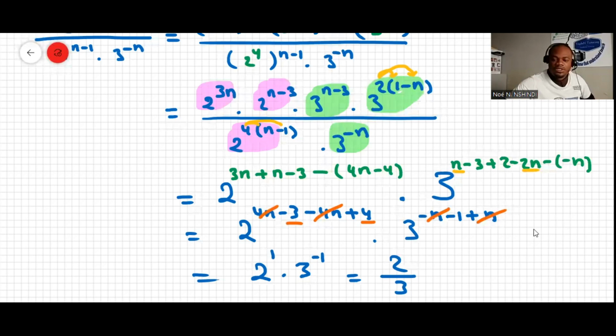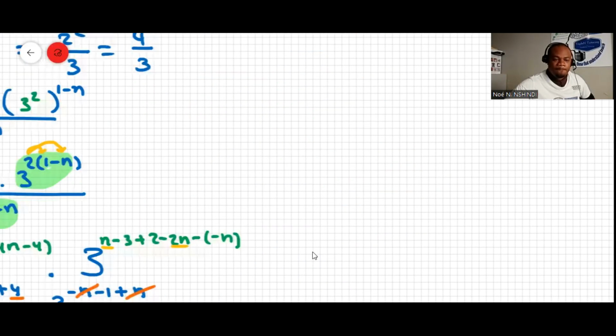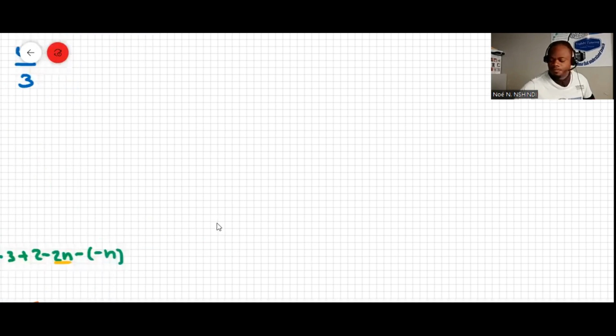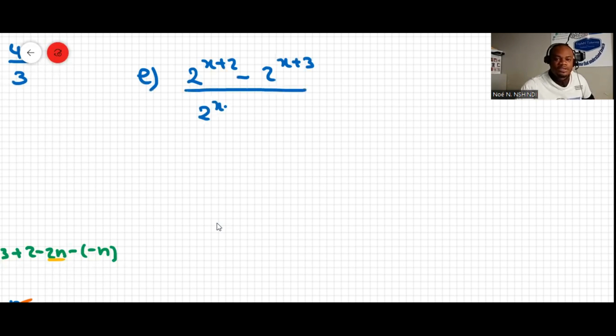That was question D. We can also do question E. Question E says 2 to the x plus 2 minus 2 to the x plus 3, all over 2 to the x plus 1 minus 2 to the x plus 2.